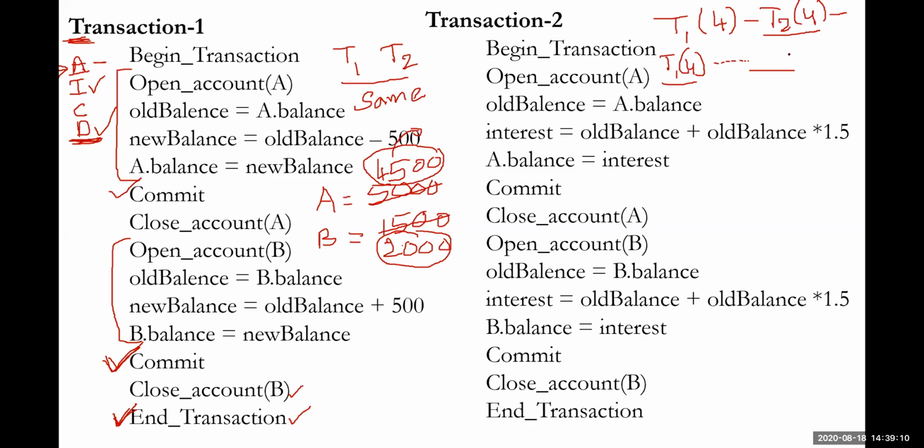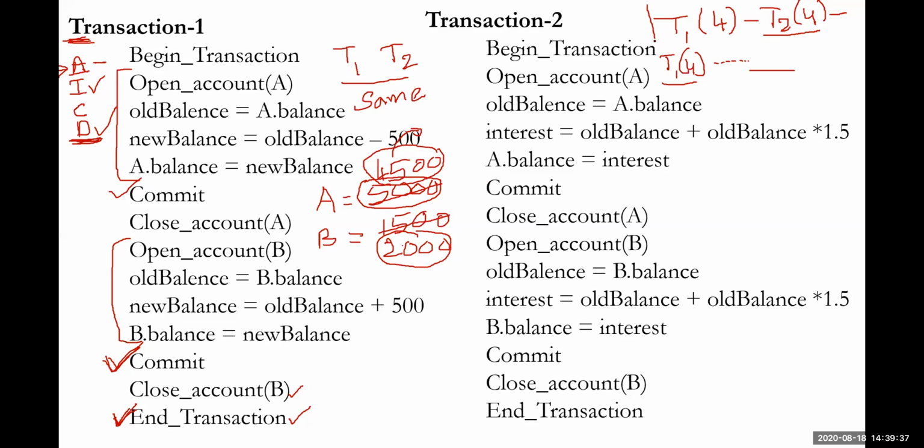If this is the case, you could not get the proper answers, because previously you have 5,000 rupees as the balance. You may calculate interest on 5,000, but that is not right here, because after the deduction happens, then you have to calculate the interest. Okay, so that is the case we would like to consider.